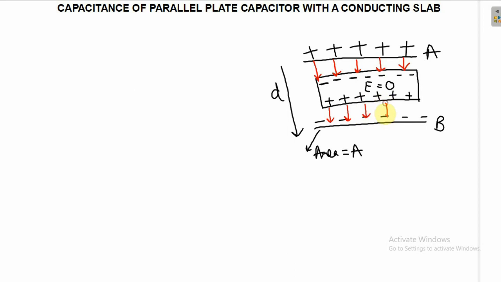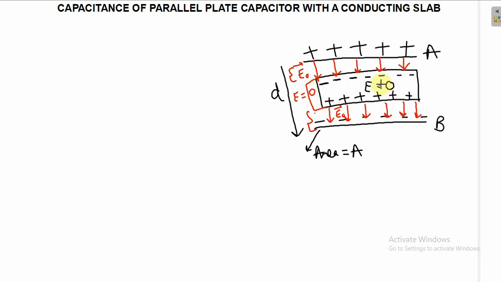This is the original field due to the plates of the capacitor, so we can give the name E0 to this field. In this region also the field is E0. So the E0 field is in this region and this region, and in between, the electric field is equal to 0. There is no field inside the conducting slab.